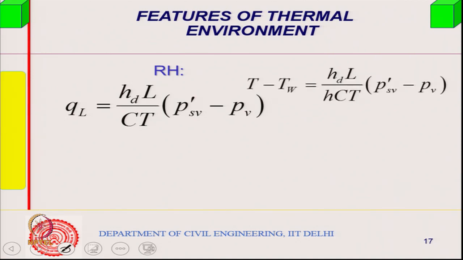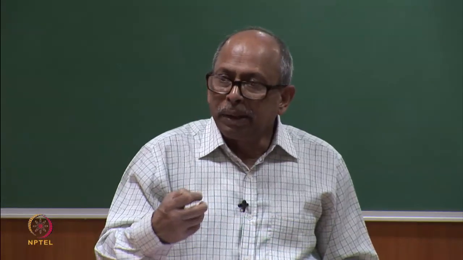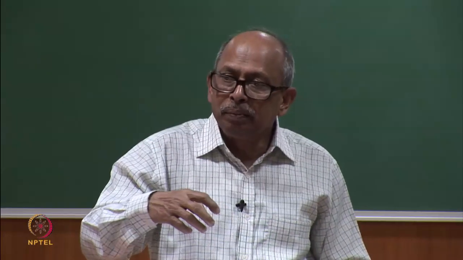So, if I want to find out the latent heat transfer corresponding to this, I simply multiply by L, right. Now, T minus Tw is the wet bulb depression. This is the amount of heat transfer. So, actually you see the heat is taken from the surface, if I supply heat.